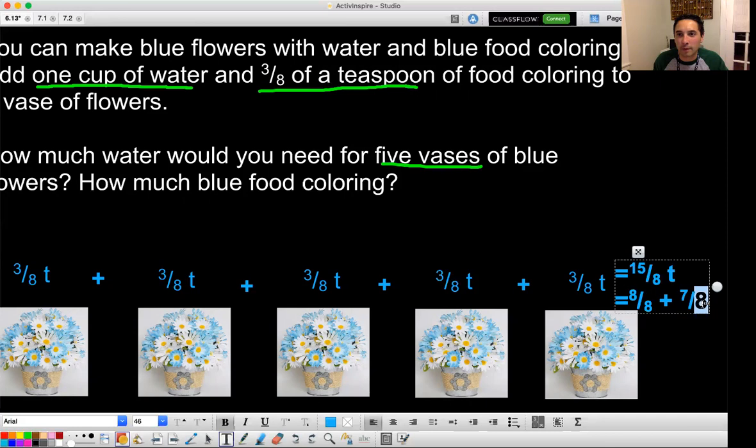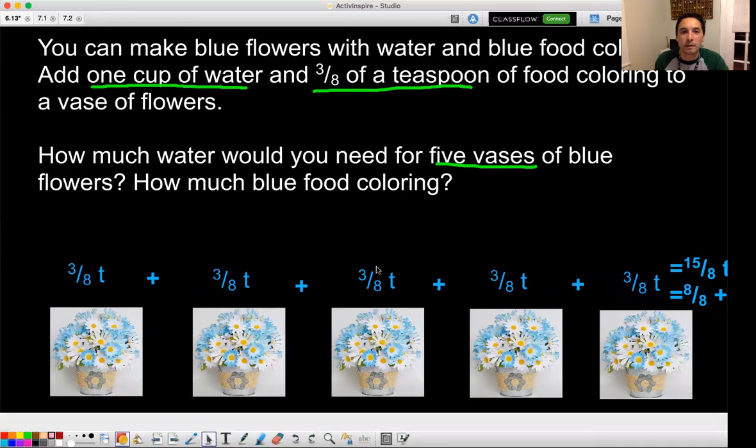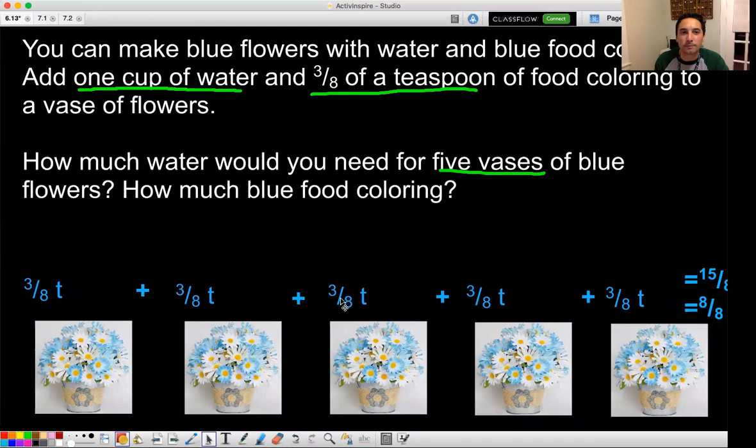If you want to make this a little bit faster if you were doing this at home for 5 vases of flowers, then we would have to move everything over so you can see. Group it.